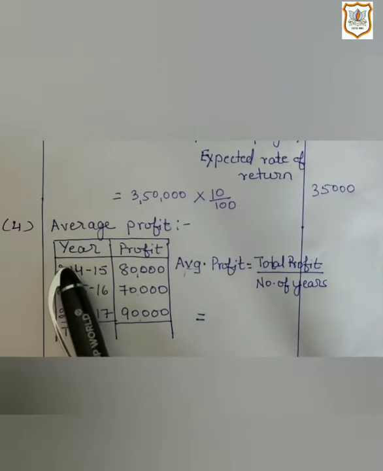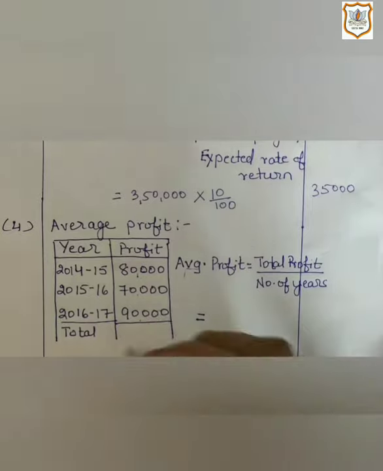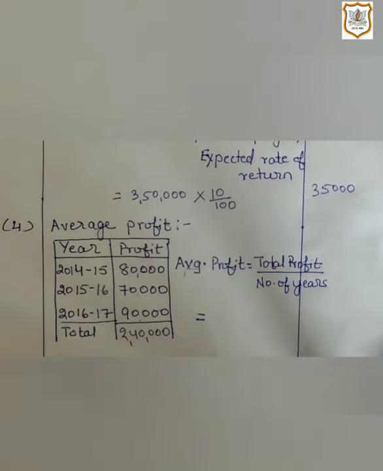Now in the fourth step, we will calculate average profit with the help of available information of past 3 years' profits as given in the question. For this, first we will add up these profits. So we will get total profits of past 3 years, 2,40,000.